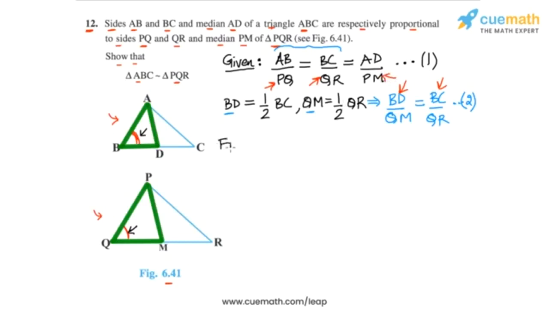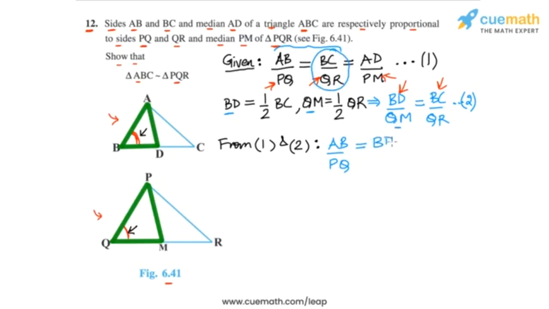Okay, so from 1 and 2, we can say that AB by PQ will be equal to the second ratio, which was BC by QR. Instead of BC by QR, let's write BD by QM.